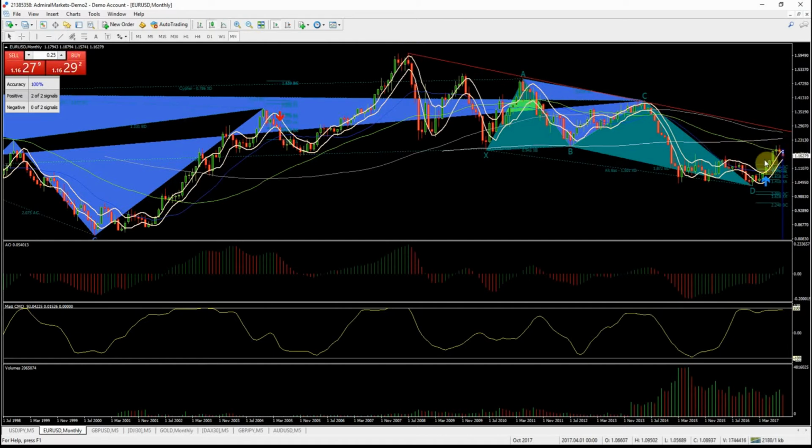So it's quite a difficult one because it's likely we're going to get up here. We've got 1, 2 moving averages coming together there and this trend line, but are we going to get up there on this move? If we look at the monthly chart, this is my own variation of a CMO indicator, so you won't be able to download this. This is something I've had developed, but we're in overbought territory.